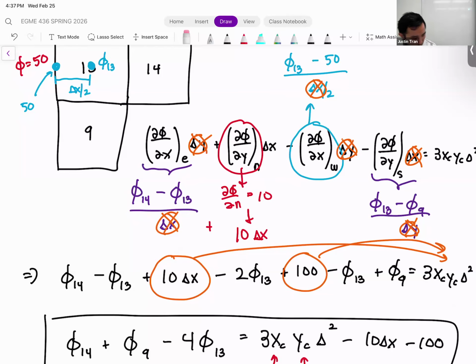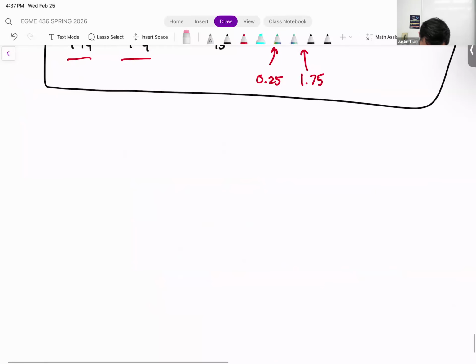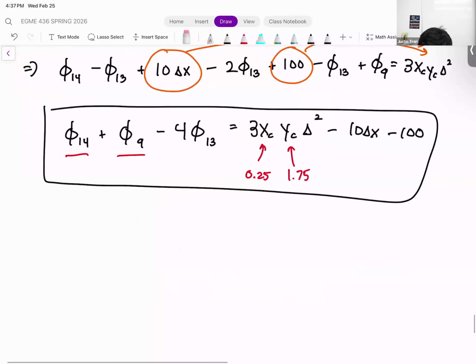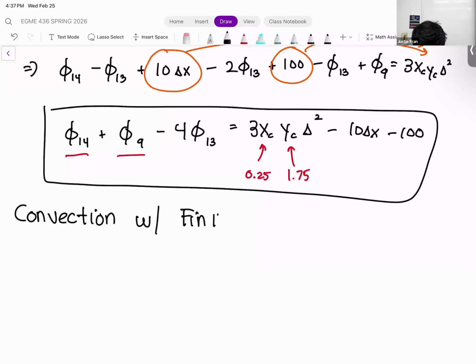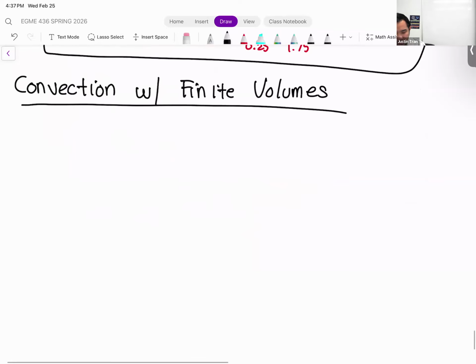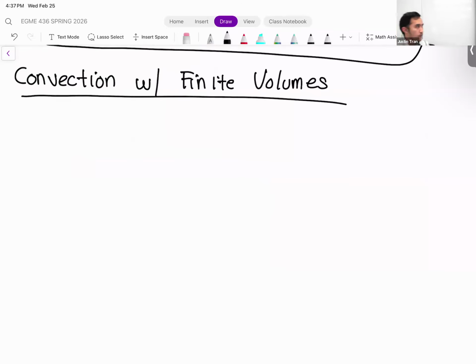Okay. All right, so let's go ahead and move on to convection. This is the last thing that we'll do with finite volumes.